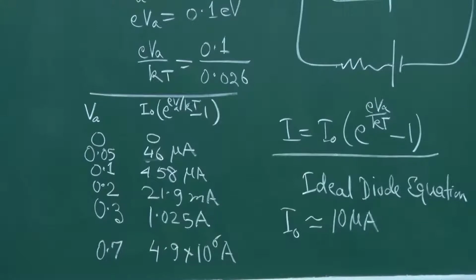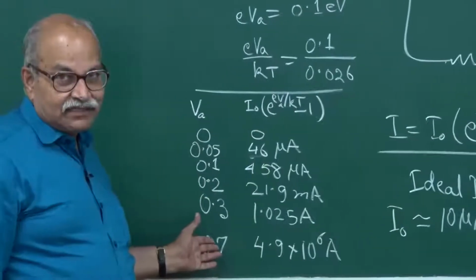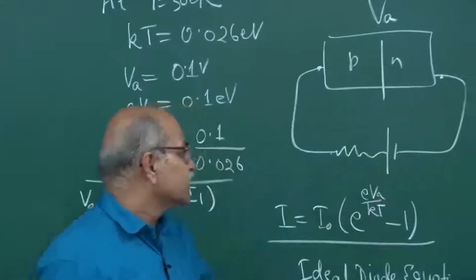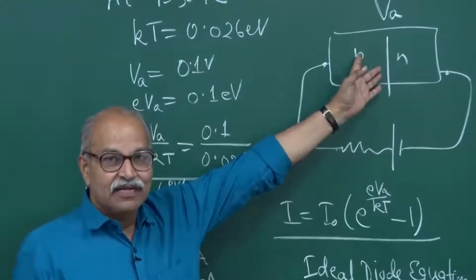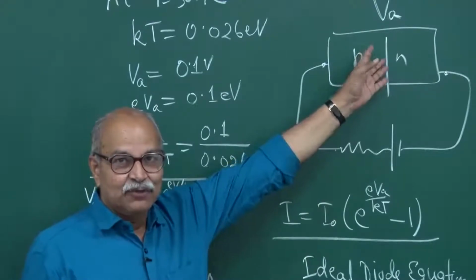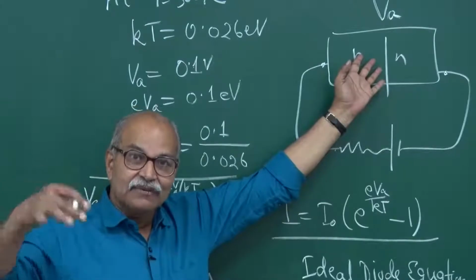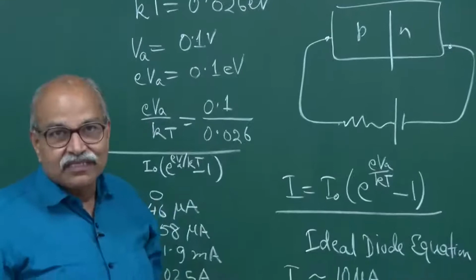So, this gives you a kind of feel that you cannot apply large voltages here. The diode manufacturer will tell how much current it can sustain. If you send more current than that allowed limit, then this whole diode will be destroyed.